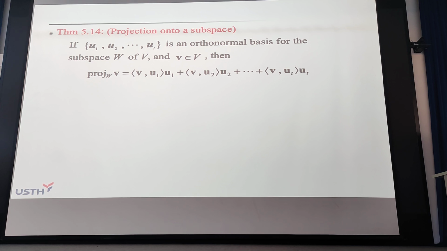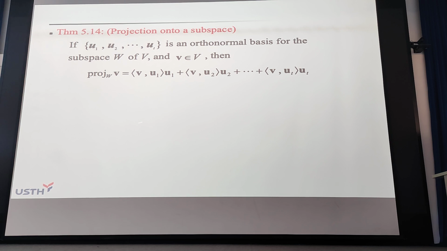And if you remember, if you take a look back at the Gram-Schmidt process, you will find the projection of V on W in case U1, U2, up to UP is not an orthonormal basis.